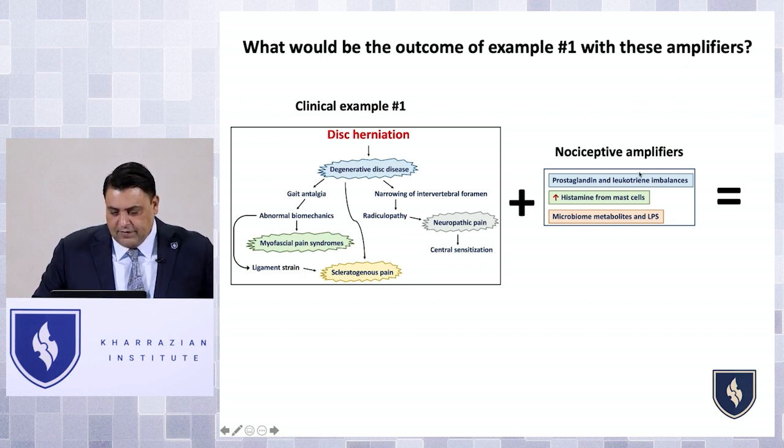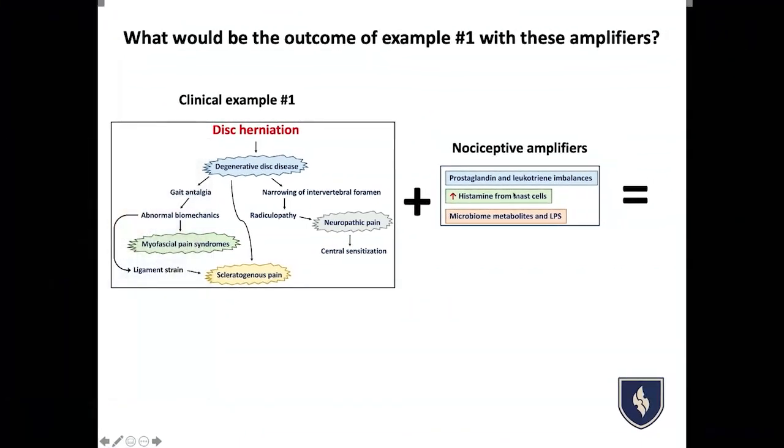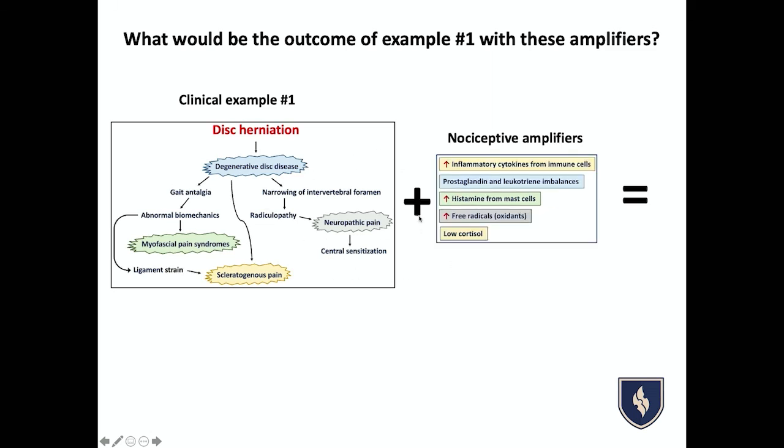And let's say they have prostaglandin imbalances, lots of pro-inflammatory prostaglandins, because all they do is eat food out of boxes, bags and chips and fast food, and lots of partially hydrogenated fats, lots of histamines because they react to the foods they're eating, and then they have leaky gut, and the LPS binds to toll-like receptor 4 and activates nociceptors. Well, their pain can be much worse. And in this scenario, maybe they have even more amplifiers.